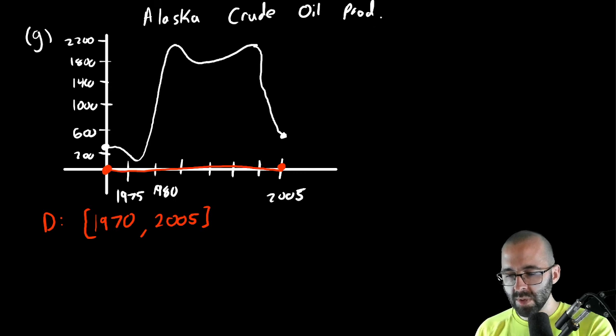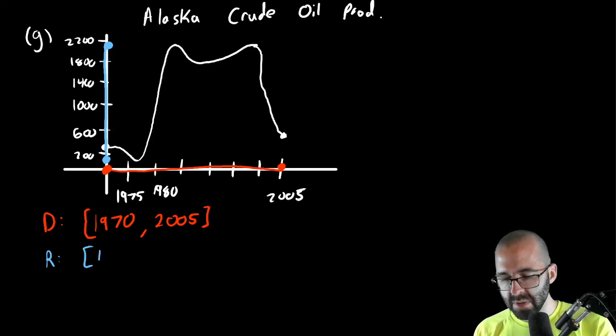For the range, we have to look at, well, what's the lowest we ever get? Lowest we ever get is here. Maybe that's like 100 or so. Highest we ever get is, I don't know, maybe something like this, almost 2200. You're going to have to estimate a little bit. But when we estimate, we're going to say, okay, maybe the lowest we ever got was about 100.